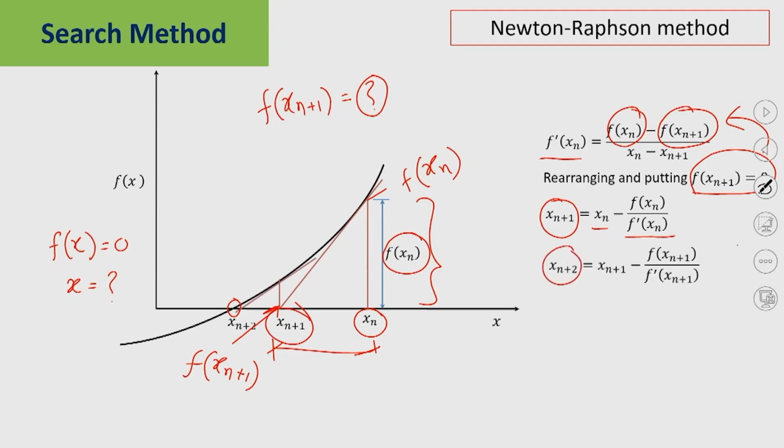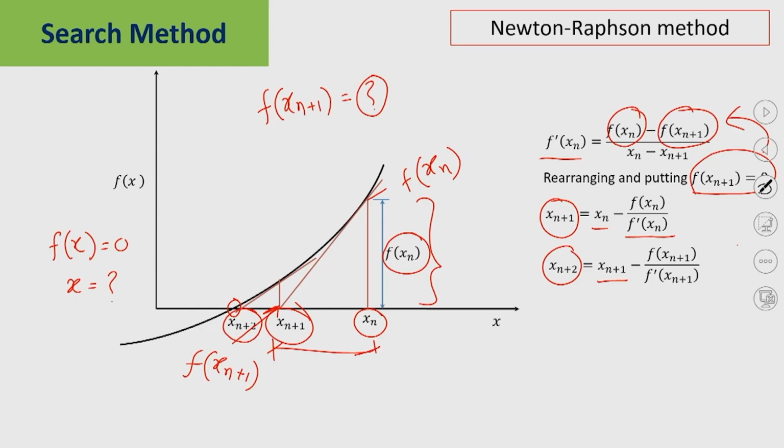I draw a tangent, and x n plus 2 equals x n plus 1 minus f of x n plus 1 divided by the derivative at x n plus 1.